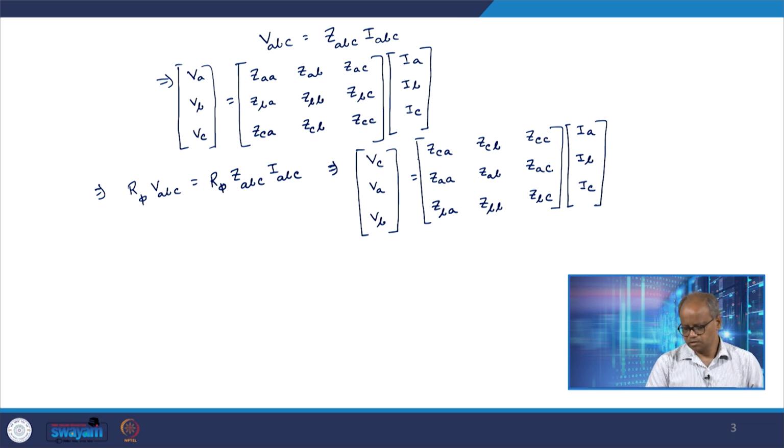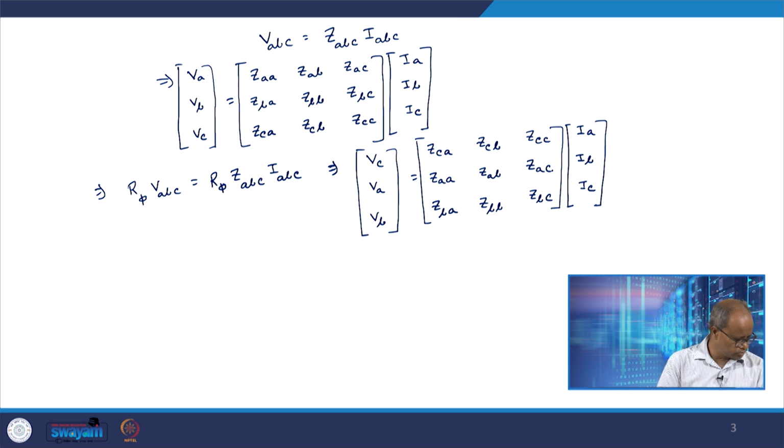So VC is equal to ZCA into IA plus ZCB into IB plus ZCC into IC, and so on and so forth. Therefore, the original relations among the variables are equally preserved.